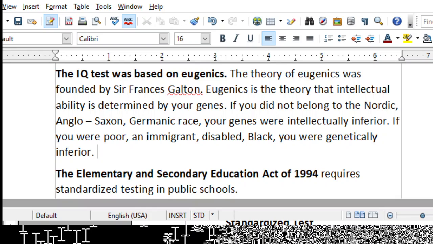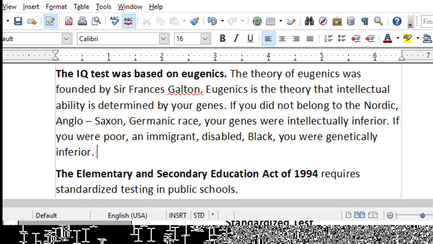The Nordic, Anglo-Saxon, and Germanic race are what we would label as European or white people. And if you were poor, an immigrant, disabled, black, then you were genetically inferior, meaning that you were dumb.